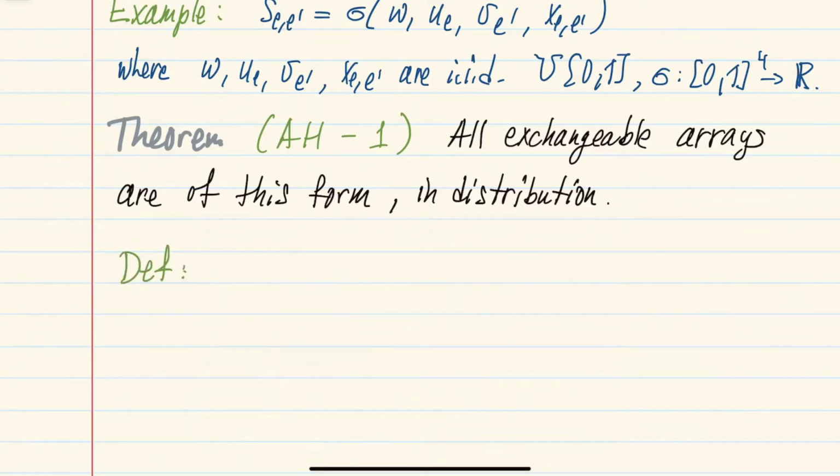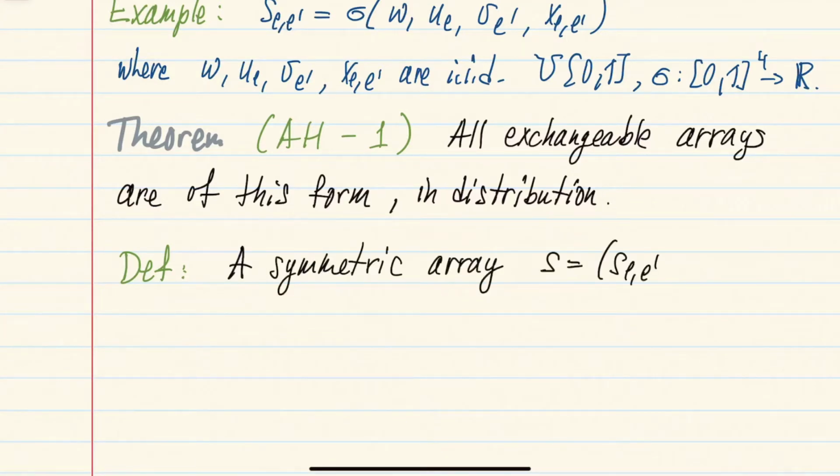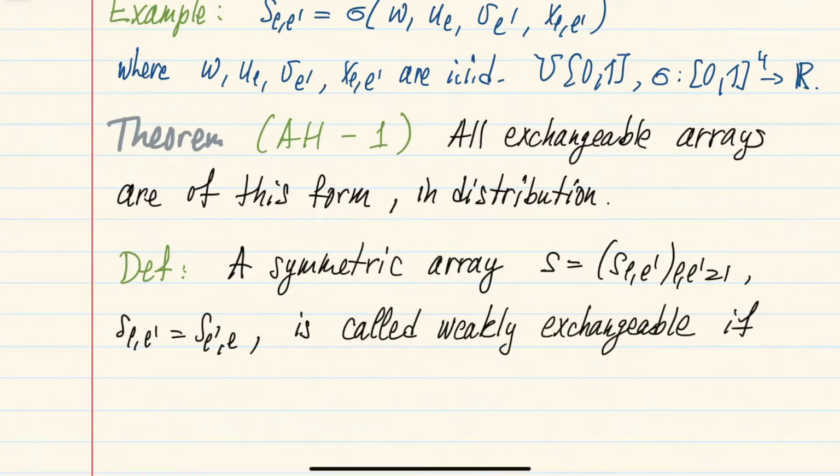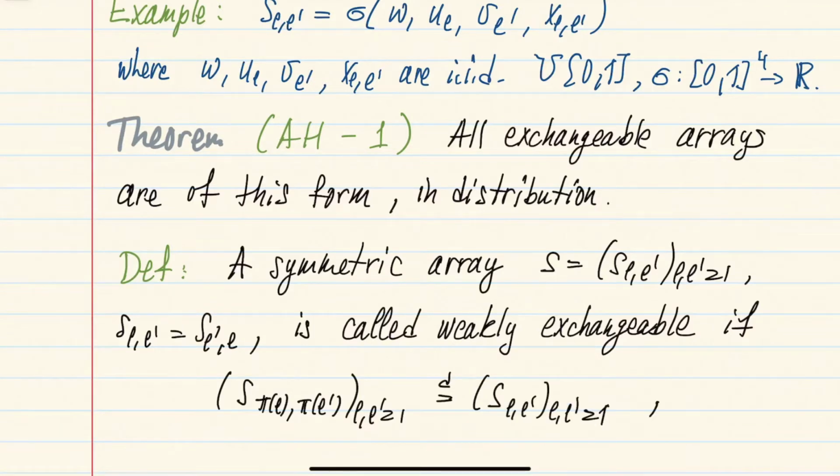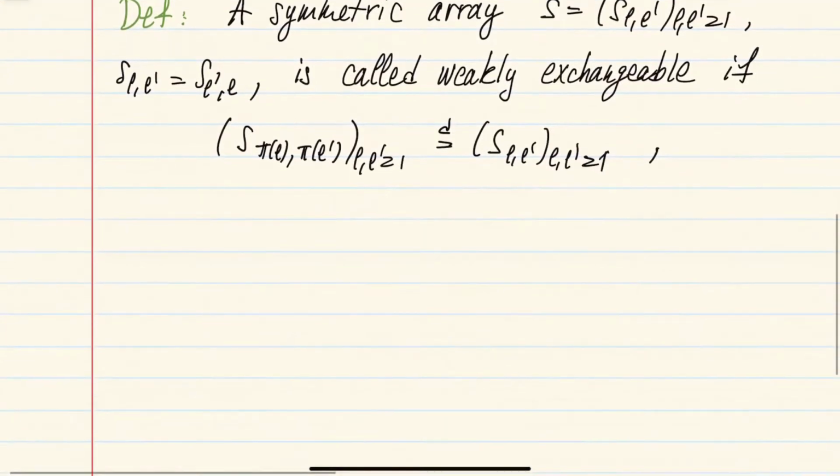Okay, so namely, a symmetric array is called weakly exchangeable if the permutation of rows and columns by the same one-to-one function pi gives an array with the same distribution as the array S, for any one-to-one function pi.